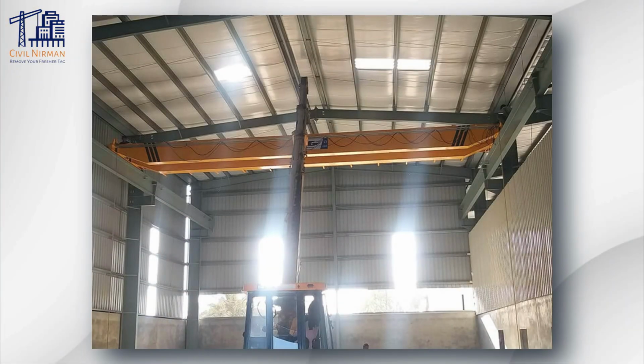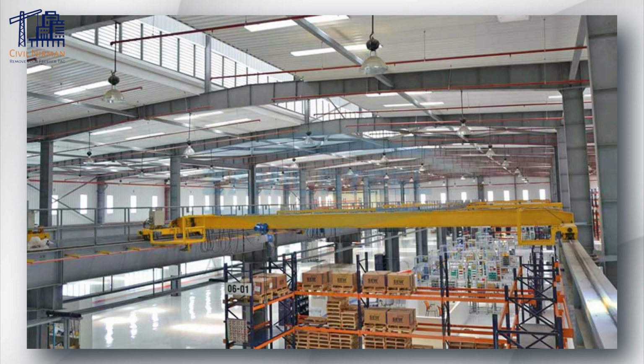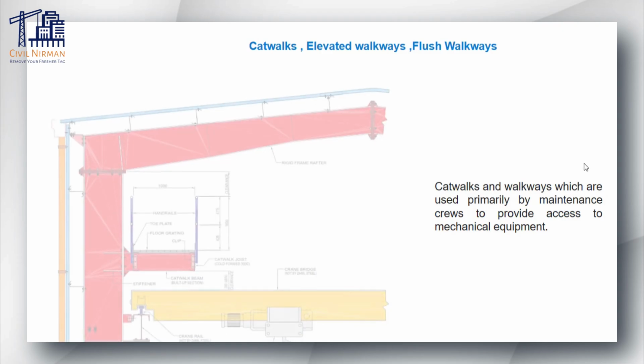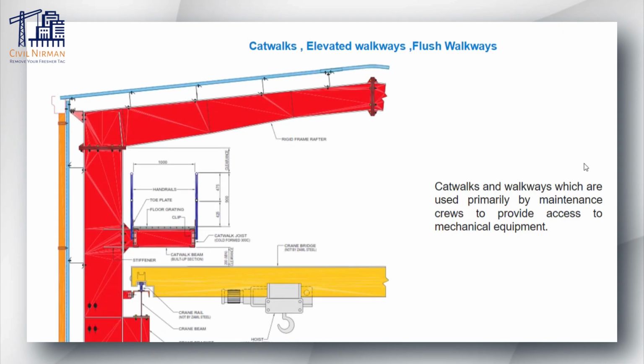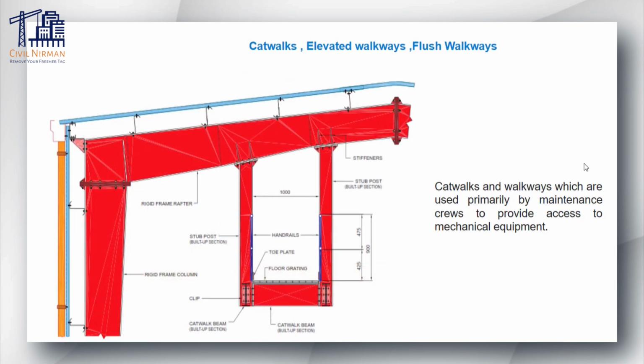The crane runway beams or the gantry girders are simply supported built-up sections with or without cap channels and with maintenance platform and ladders. Usually, catwalks for crane maintenance are mounted alongside the crane beams. It can be suspended under the rigid frame rafters or elevated above the top of the building.